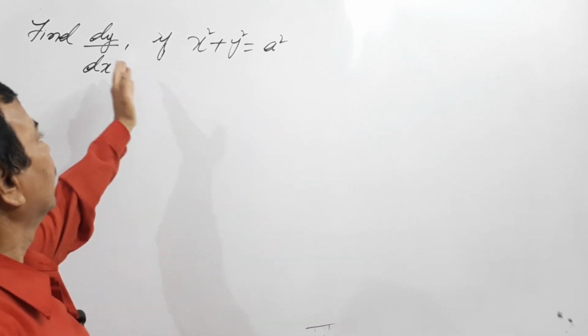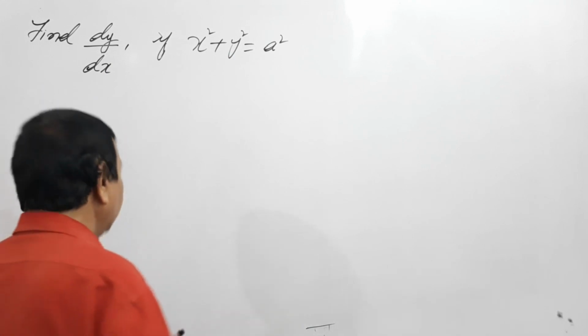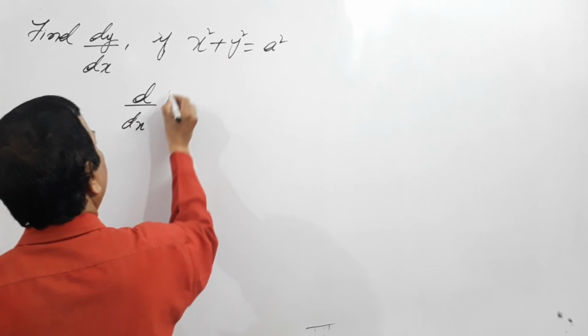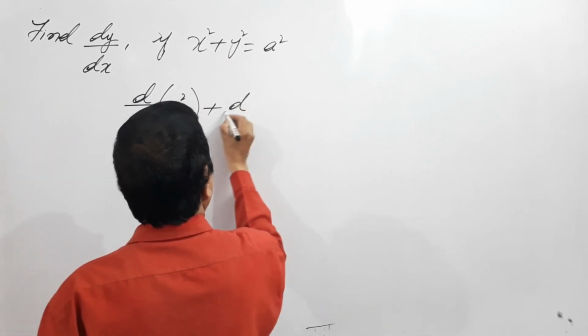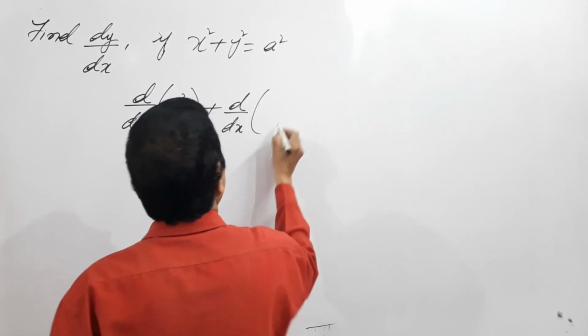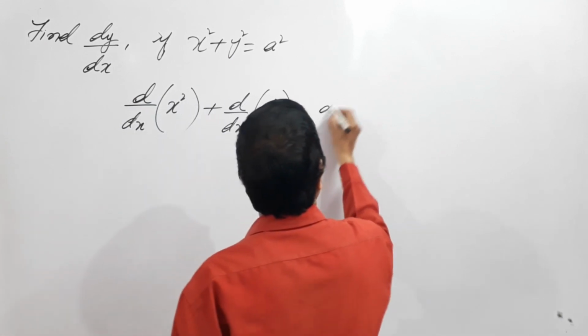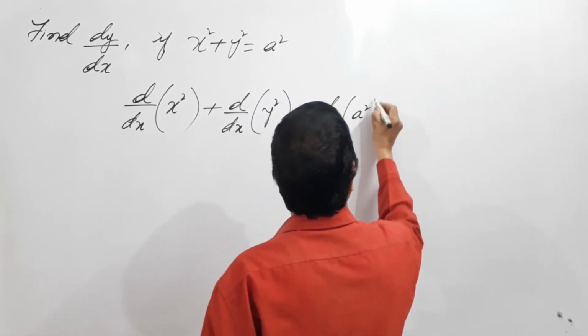Here we are given x square plus y square equals a square. Let's differentiate this. So that is d by dx of x square plus d by dx of y square equals d by dx of a square.